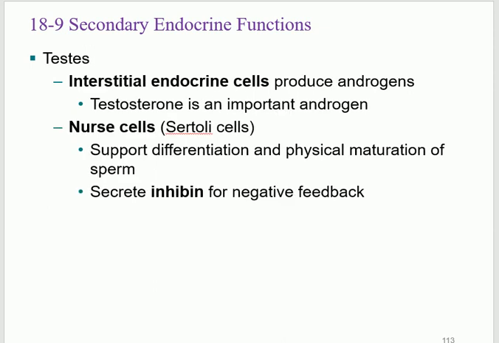Next, testes, and the testes obviously secrete androgen. Testosterone. What's the difference? We always say testosterone is androgen, androgen is testosterone. That's not true. Androgen is an umbrella for male hormones in general.